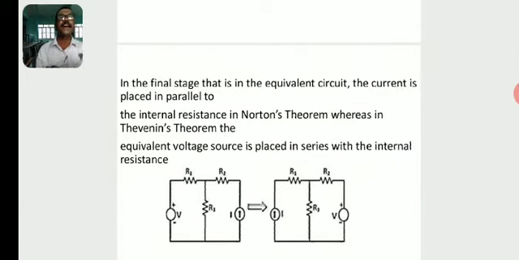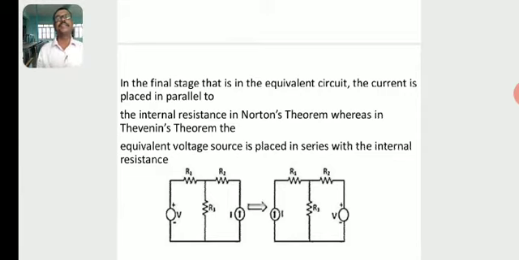In the final equivalent circuit, the current source is placed in parallel to the internal resistance in Norton's theorem, whereas in Thevenin's theorem, the equivalent voltage source is placed in series with the internal resistance. Just to see the circuit diagrams, there are three resistors connected in the circuit.